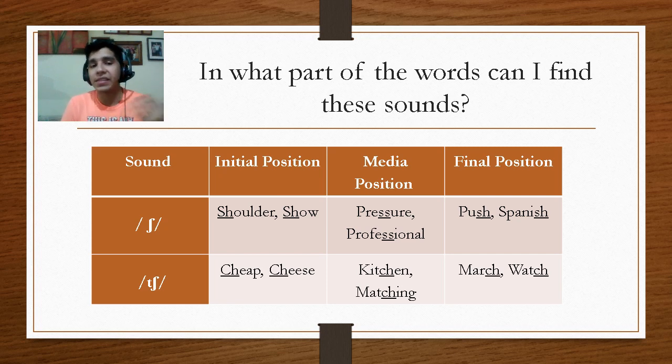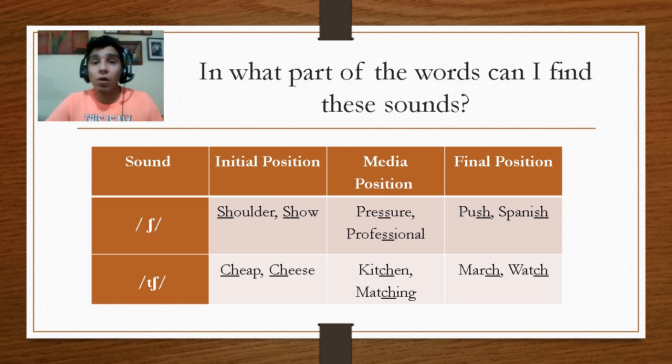The sound sh, you can find in the initial position with words, for example, shoulder and show. In the middle with words like pressure and professional, and in the final position with words like push and Spanish. You can find this sound in every position of the word.